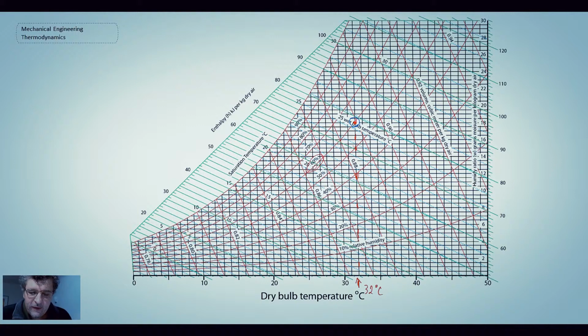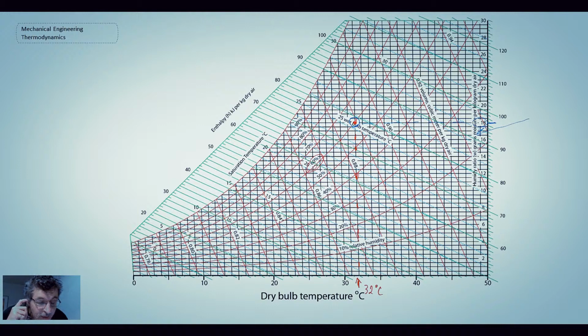Now we need to read the different data sets that are on here. The first thing they want us to get is the specific humidity, and that is the data plotted over on the right hand side, in grams per kilogram of dry air. If we go over to the right, we get to 18.